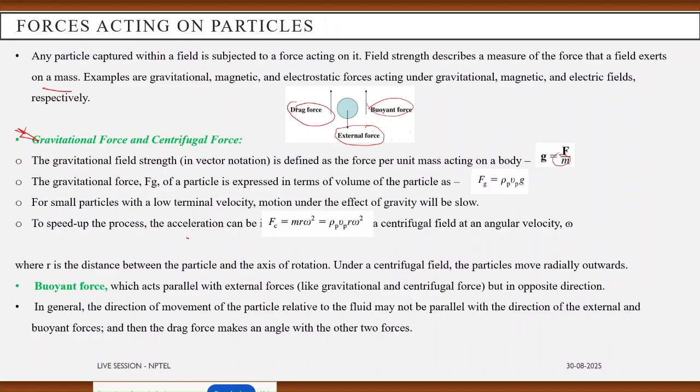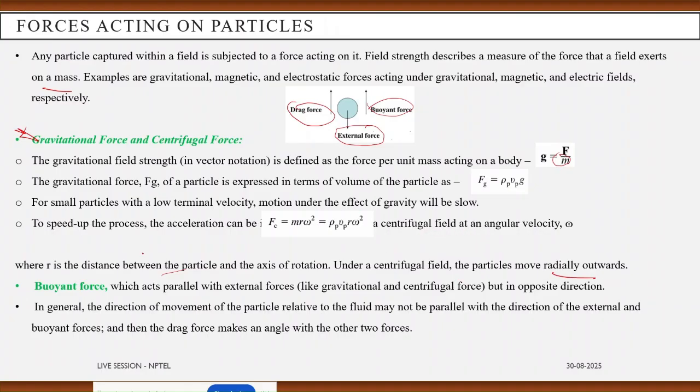So when you want to speed up the process, in the presence of the centrifugal force with angular velocity omega, you just have to calculate the centrifugal force equals m r omega square, where r is the distance between the particle and the axis of rotation. And under a centrifugal force, the particles move readily outwards.